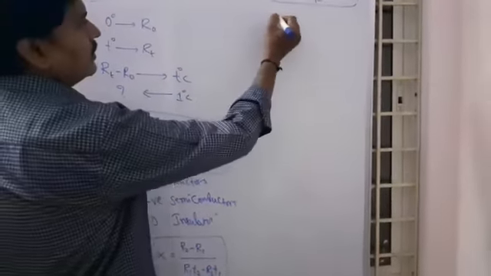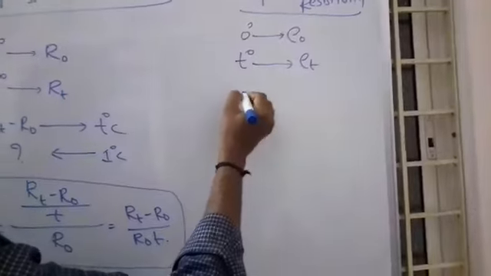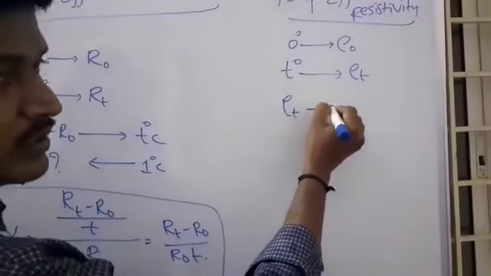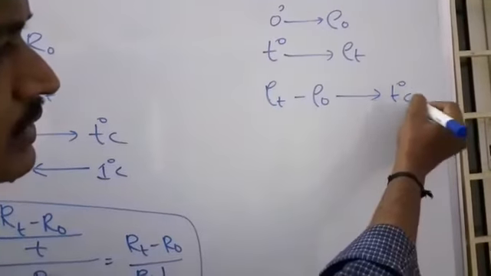Next, at 0 degree centigrade the resistivity is rho 0, and at T degree centigrade the resistivity is rho T. Therefore, rho T minus rho 0 is the increase in resistivity at T degree centigrade.